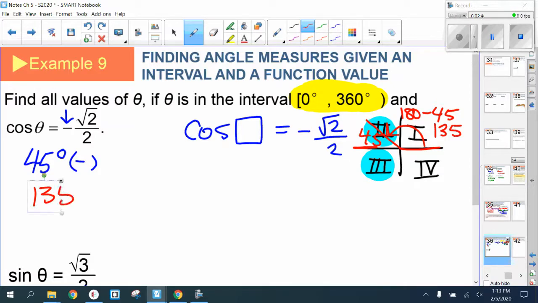There are two answers. One for the second quadrant, one for the third. If you look at the other answer, okay, the other answer is going to be a 45-degree reference angle in the third quadrant. And so again, you have to think about what that angle is going to be. It's 180 plus 45 this time is 225.